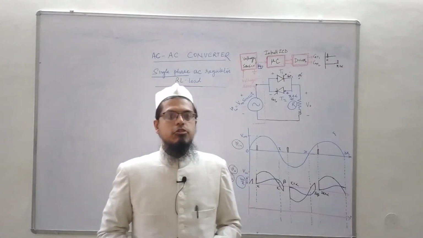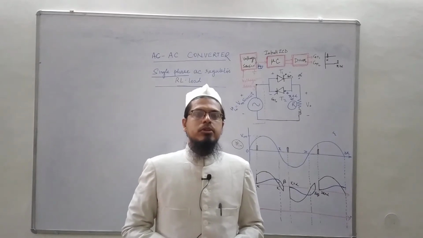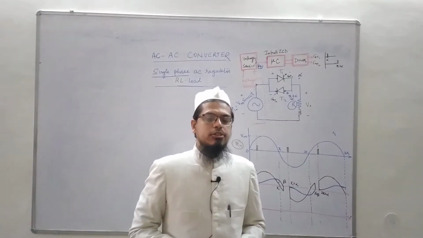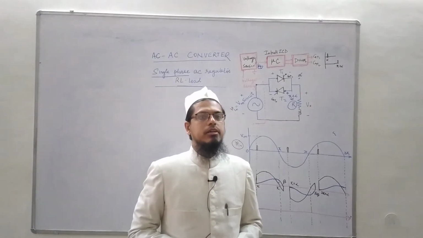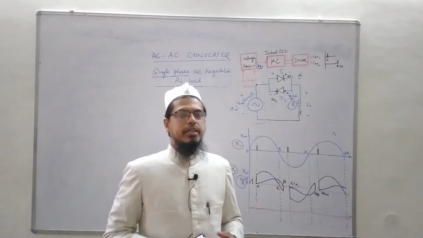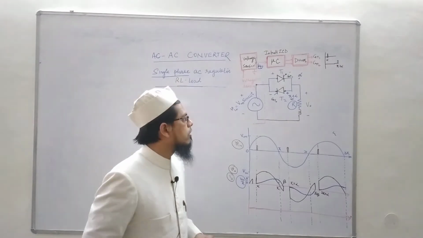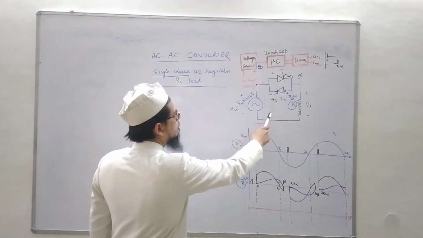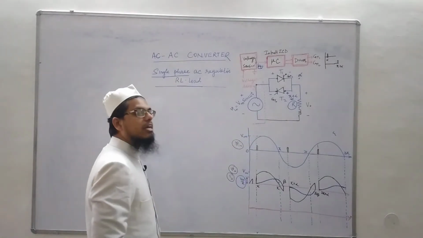In today's lecture we would be looking into the AC to AC regulator, single phase AC to AC regulator, and it would be feeding an RL load. So this is the circuit for a single phase AC regulator.